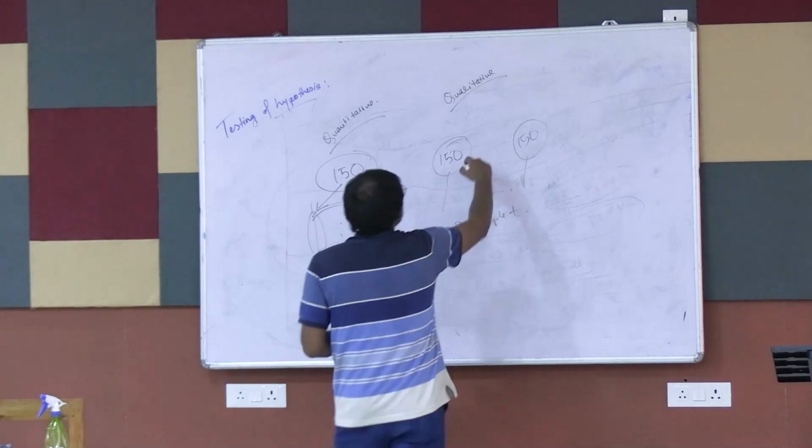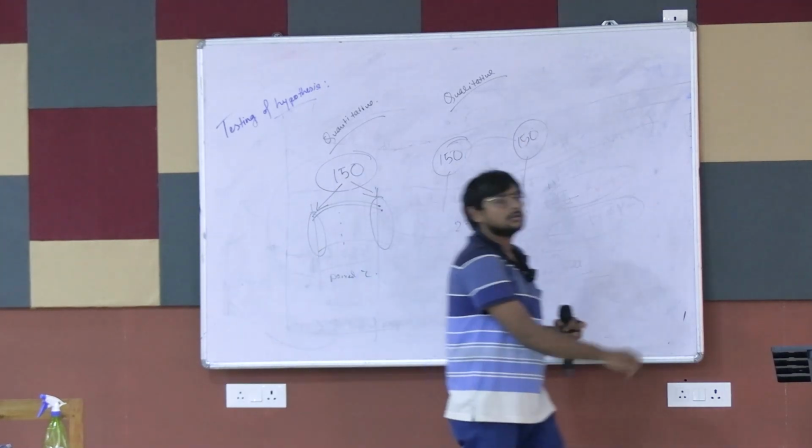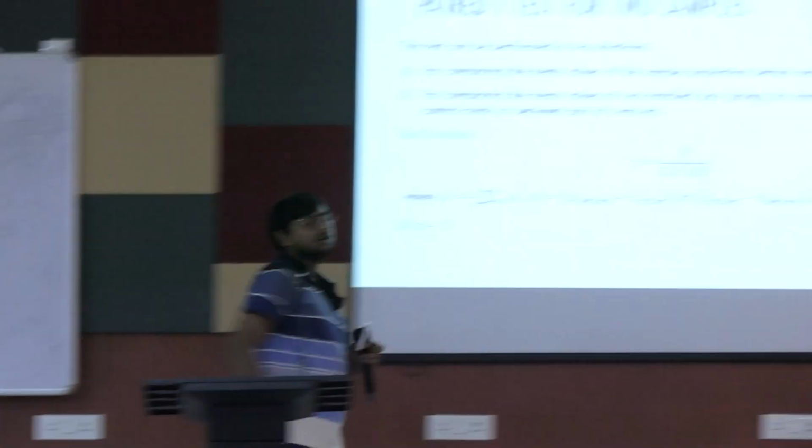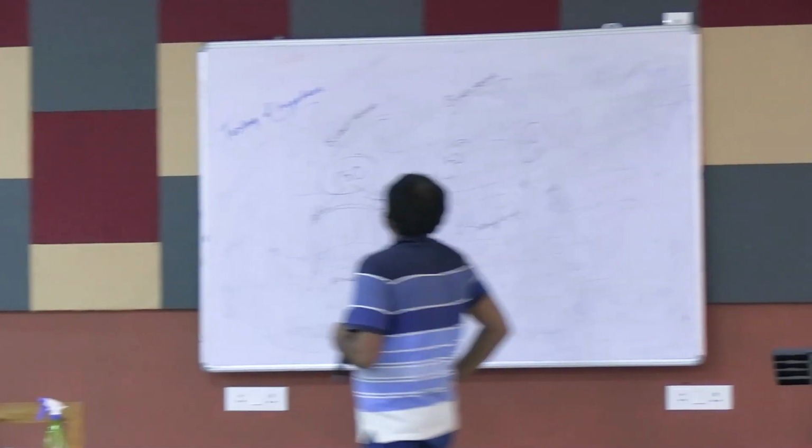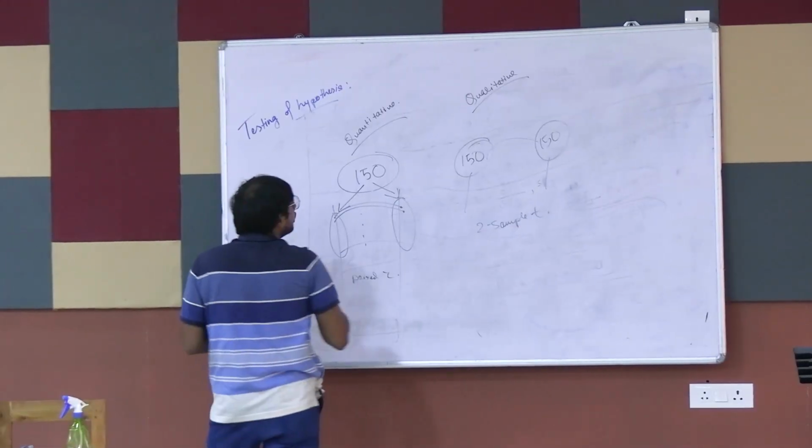When there is no correlation between these two groups, then we will use the two sample T. So it must be pretty much clear to us when to use what.